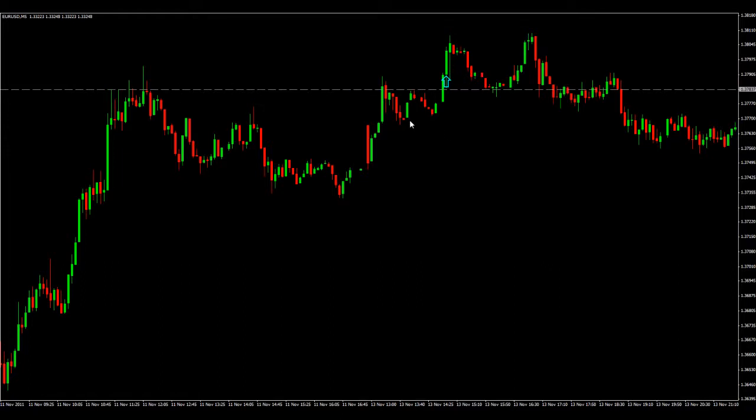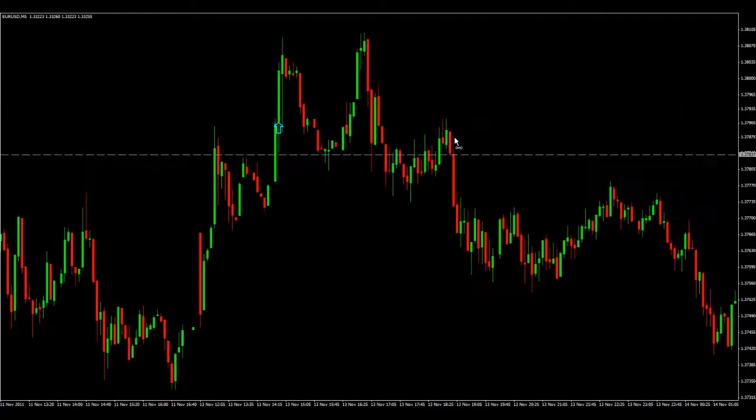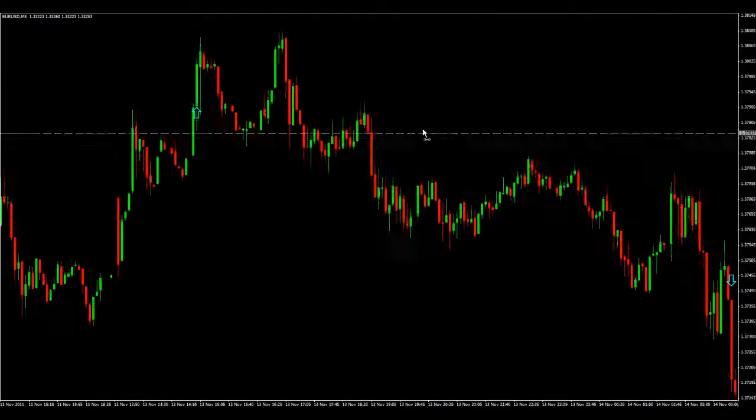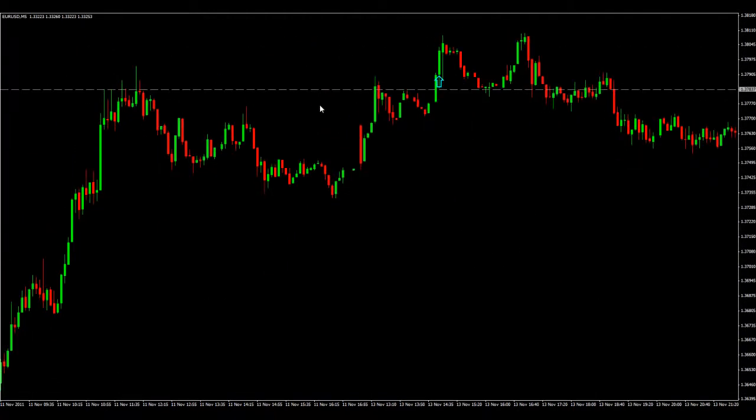So I'm not going to go through every single one of these, but I think you're getting the gist of it, that with these support levels and how price reacts to those, you can definitely make some really, really good trades. And although you're going to have to wait for some of the right setups, it's better to wait for these setups than to just be trading all over the place and not making any money, or going 50-50.